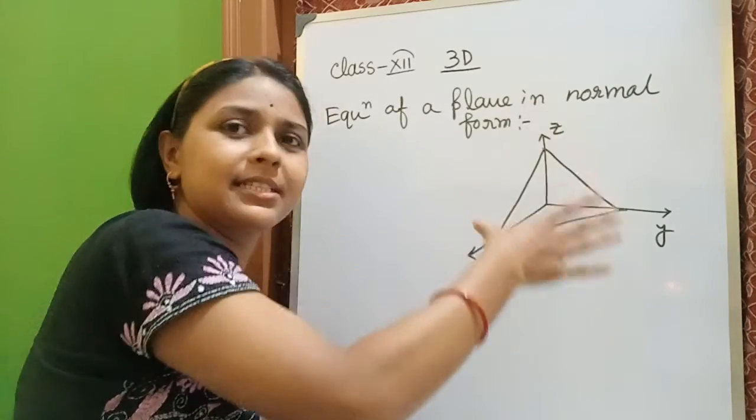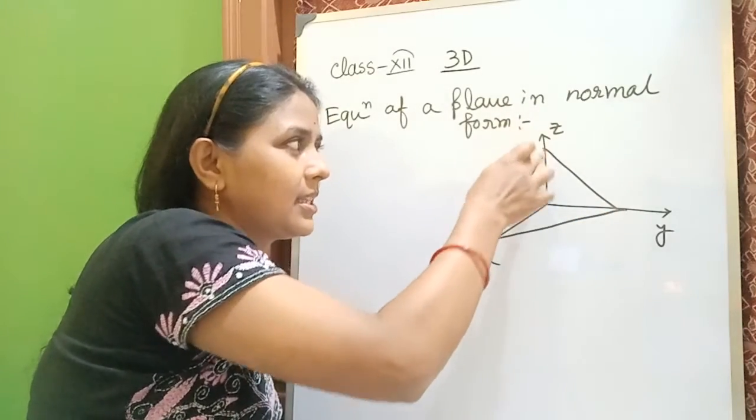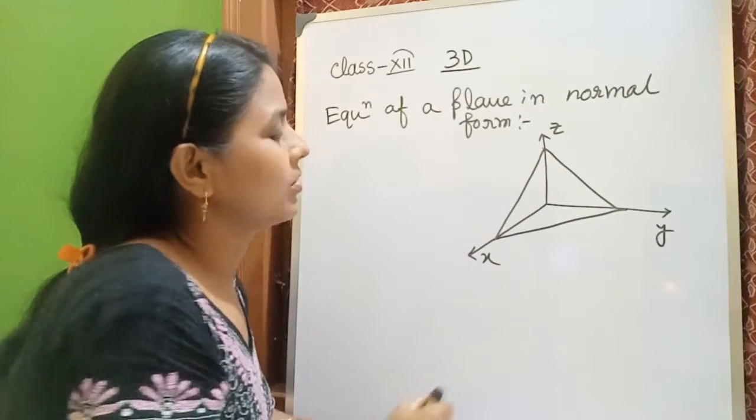It is tilted, leaning on the line OZ. This is O.